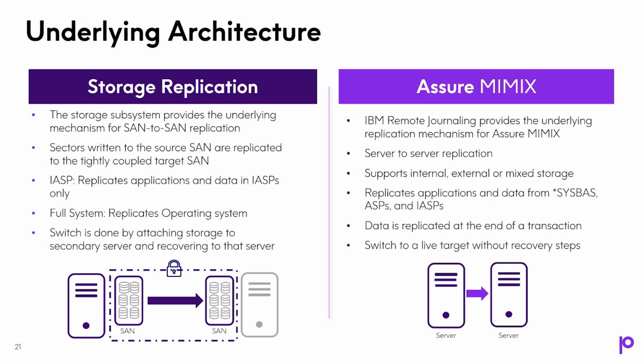So that's a distinct difference. It's not a sector, but it's a journal entry. So a transaction boundary is when it replicates, and then you can switch to a live target without any recovery steps. Okay, so that's the big difference right there. Storage replication is a recovery to that server. Logical replication, Assure MIMIX, is where you have a live hot system available and ready to go.